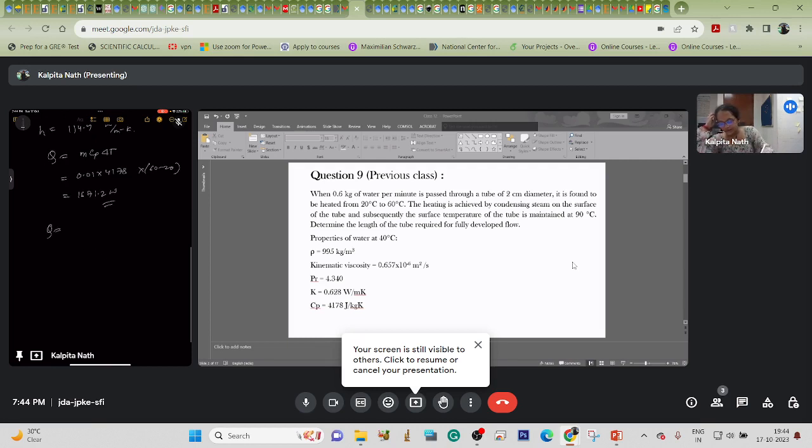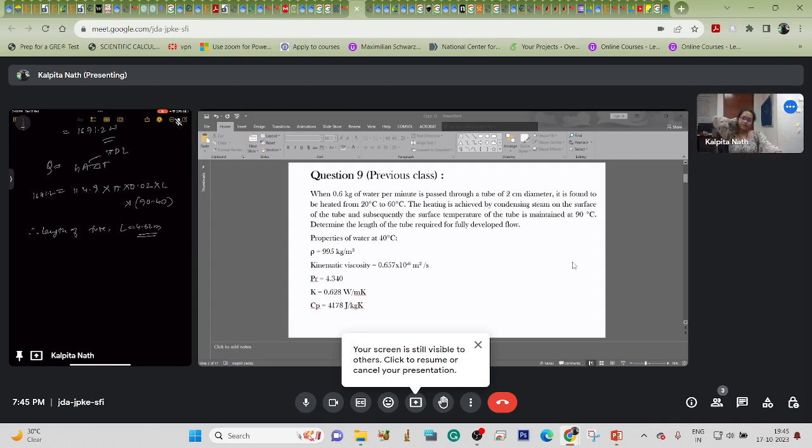Now Q is equal to h A delta T. We already found h, and area will be pi d L. So 1671.2 is equal to 114.9 into pi into 0.02 into L into 90 minus 40. Therefore, length of tube L is equal to 4.62 meter. This is what we needed to find out, right?